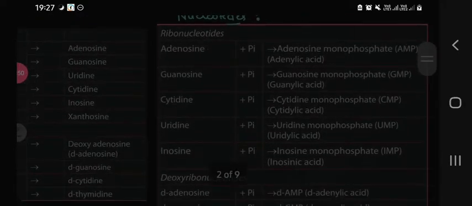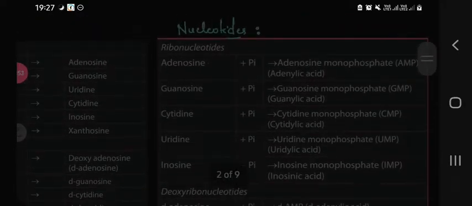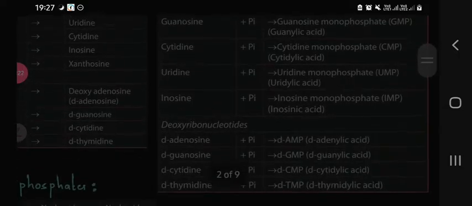And nucleotides are adenosine plus Pi, adenosine monophosphate AMP, adenylic acid; guanosine plus Pi, guanosine monophosphate GMP, guanylic acid; cytidine plus Pi, cytidine monophosphate CMP, cytidylic acid; uridine plus Pi, uridine monophosphate UMP, uridylic acid; inosine plus Pi, inosine monophosphate IMP, inosinic acid.